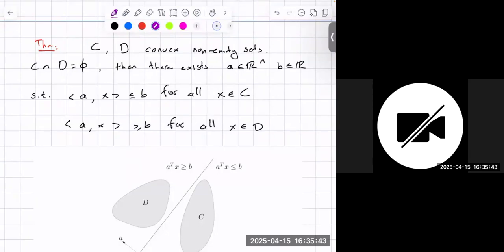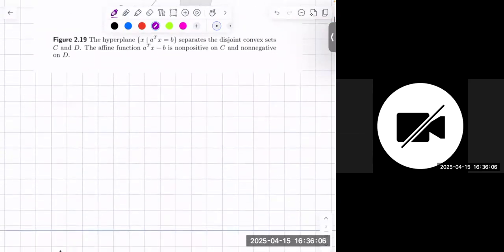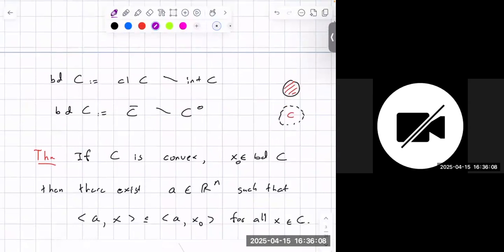So one of your convex shapes will be included in A·X less than or equal to B. The other one will be included in A·X greater than or equal to B. A·X literally equal to B is this hyperplane, okay? So you can always find such an A to separate them. Okay, very good. So that's the first fact we need.